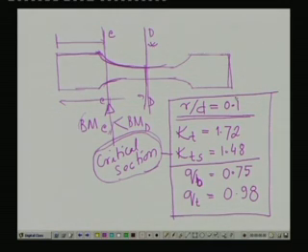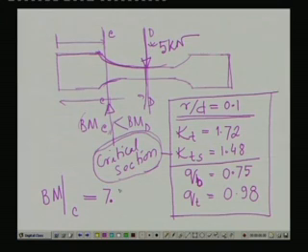Now, what is the bending moment at C? The center load is 5 kilonewton. So, obviously, the bending moment at C comes out to be how much? This is 2.5 kilonewton at the bearing locations, multiplied by the distance, this dimension you can understand, which is 300.